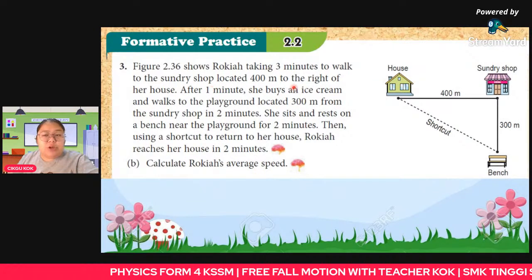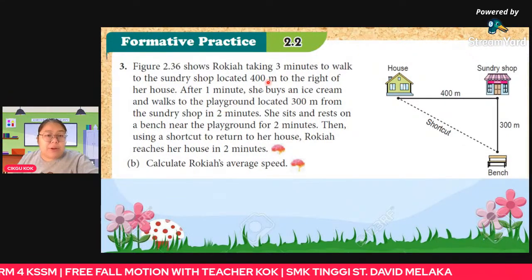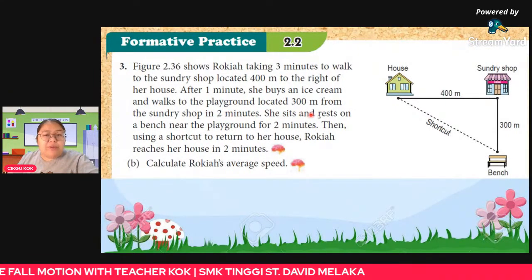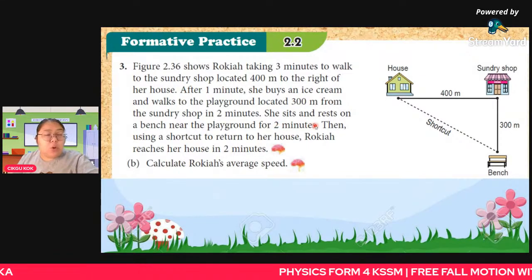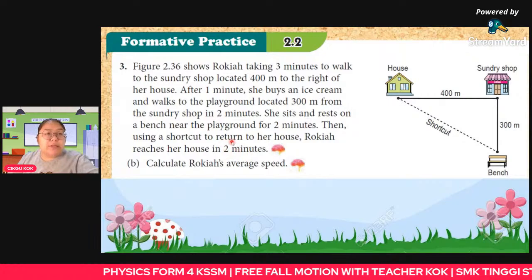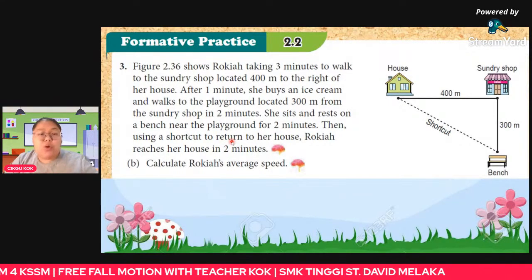From the shop they go to the playground using 2 minutes, so that is 6 minutes. After that they rest at the playground for 2 minutes, so 6 plus 2 becomes 8. Lastly they go back home using the shortcut, also 2 minutes, so total is 10 minutes.